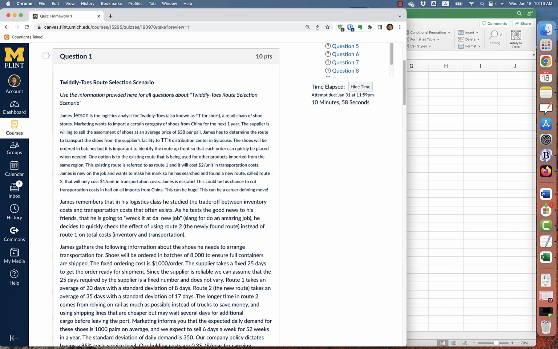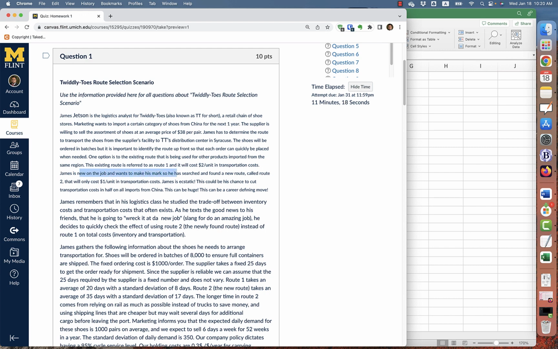The shoes will be ordered in batches, but we need to figure out which route to take, and there are two options. The existing route, which the company has been using before, is referred to as Route 1. It costs on average $2 per pair of shoes.